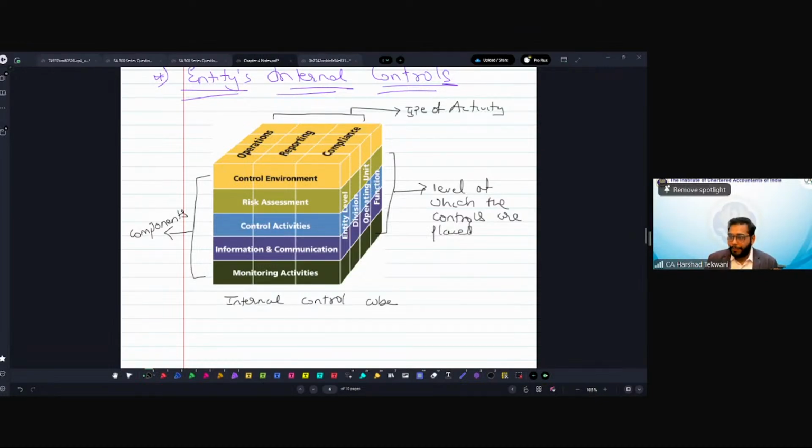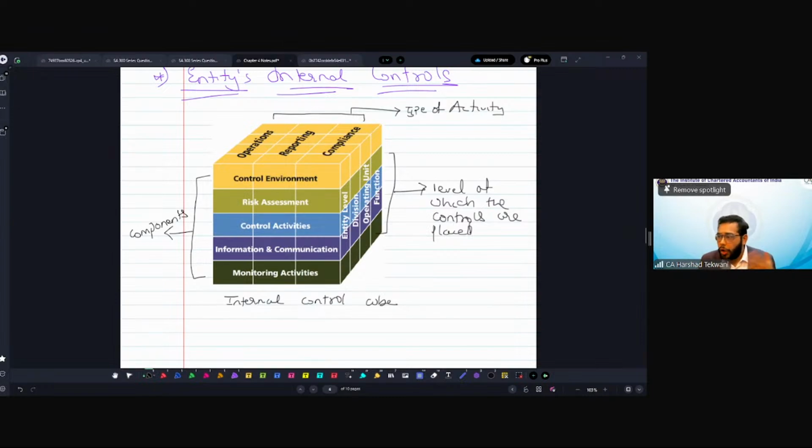So when I talk about the components, or when I talk about the first component, which is control environment, simple example, the tone which is coming from the top, how the culture, values, ethical standards, how the management is looking at the controls, how the management, those charged with governance at the company level, emphasize integrity, ethical behavior, accountability, and how they are perceiving the controls, how they are giving importance to the control.